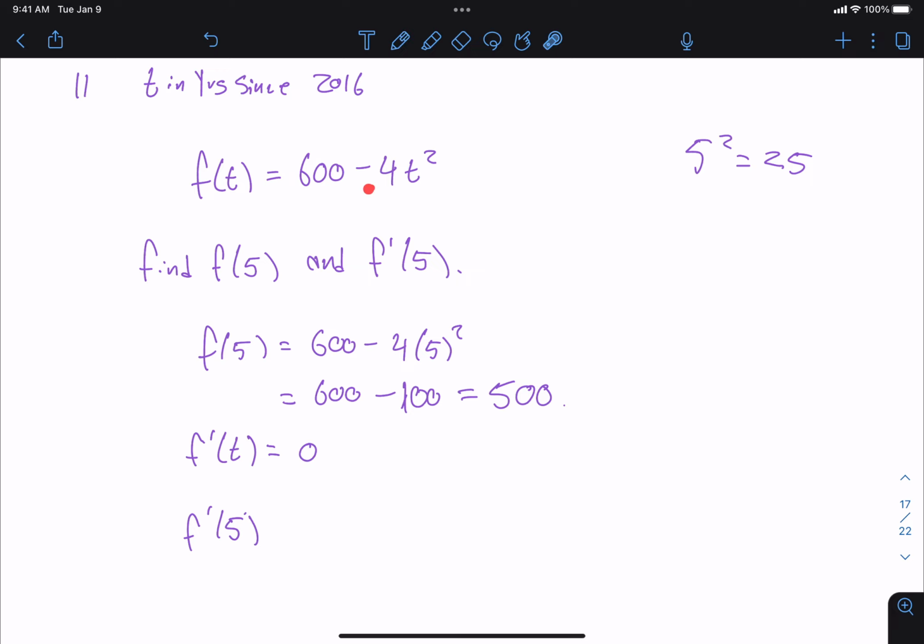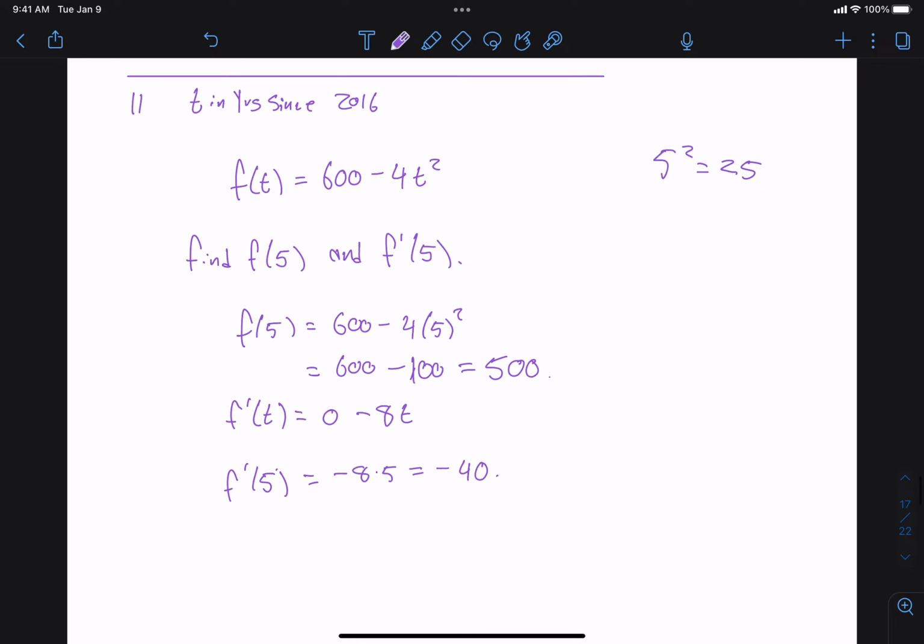And then power rule on this becomes minus 8t. The new power is just 1, which we don't need to write. So to get f prime of 5, we plug in 5, so we get negative 8 times 5, which is negative 40.